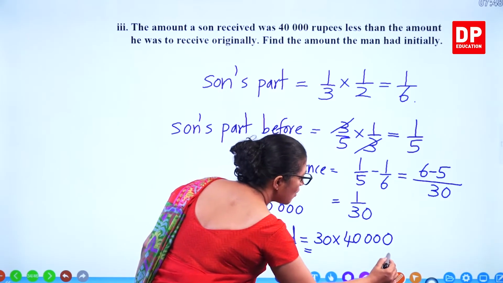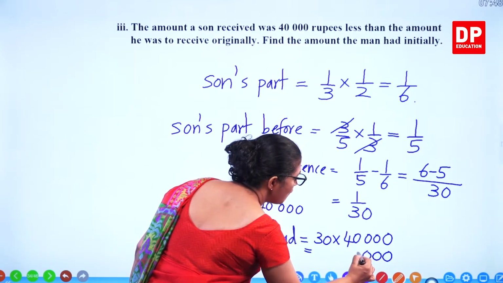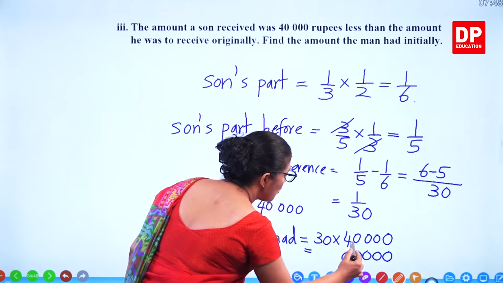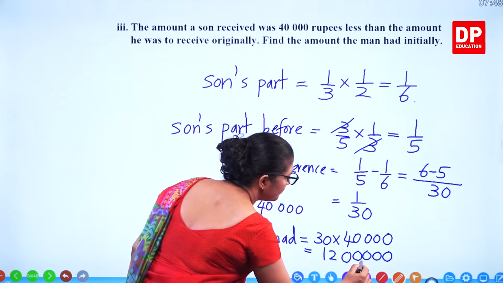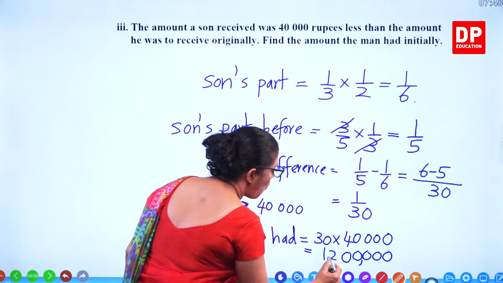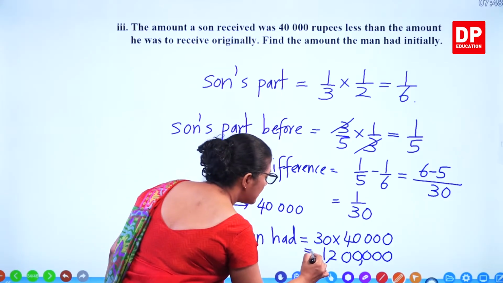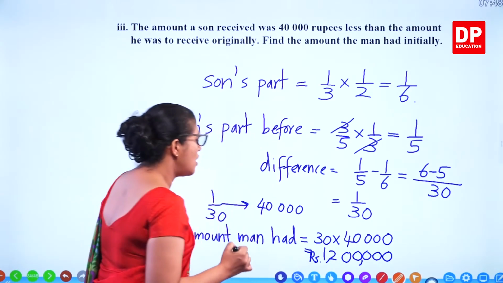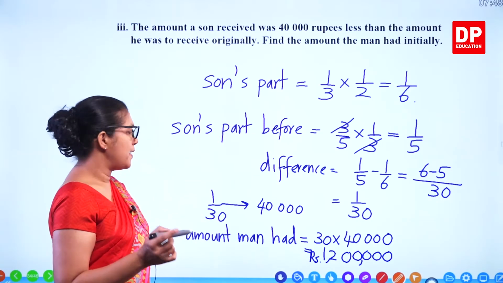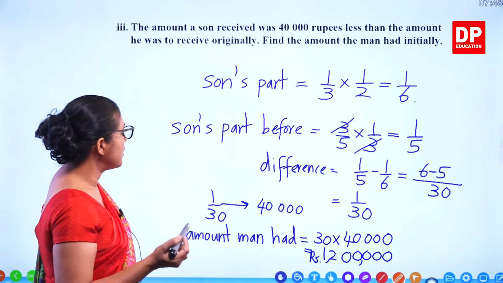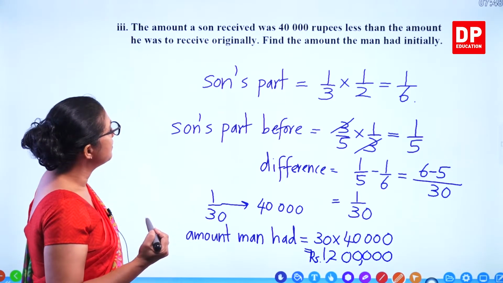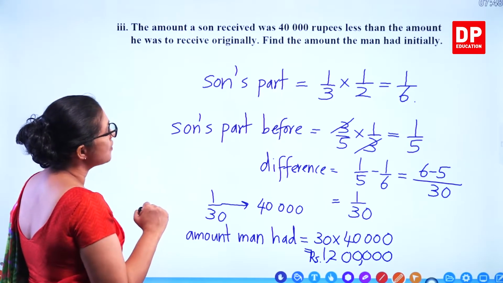So you get 1, 2, 3, 4, 5 zeros and 12. 1,200,000 rupees. So that's the amount that man had. This is the last part.